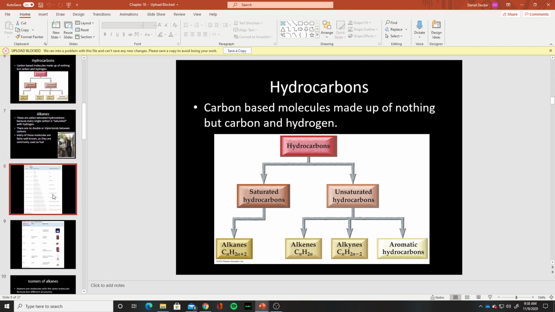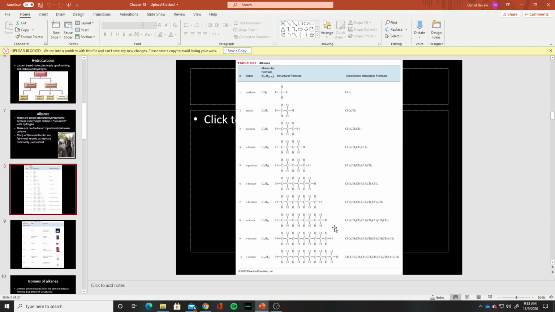So if I were to give you this molecule, for example, I could just cut and paste this image, and crop it down to just this molecule here, and I would then ask you to classify this molecule, and I would give you the different options. I would give you alkanes, alkenes, alkynes, and aromatic, and you would have to classify this and say that is an alkane, and we know it's an alkane because you have only single bonds. It's just carbon and hydrogen, and there are only single bonds. So that is an alkane.